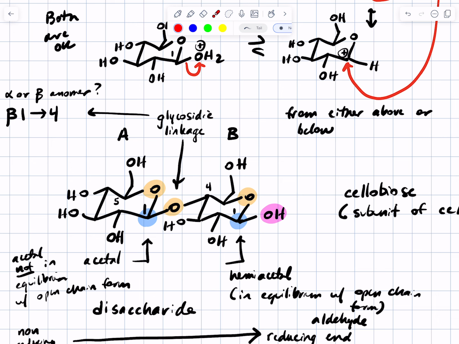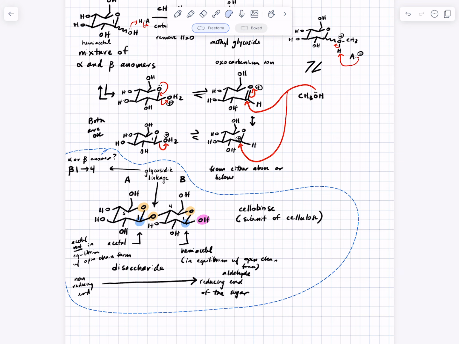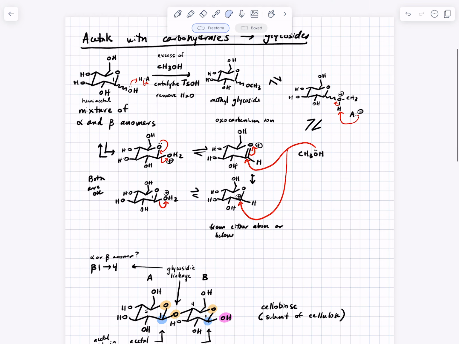Okay, one question you might be asking is glucose has a lot of OH groups, like a ton of OH groups. And here, when we were making the methyl glycoside, all we had was methanol as our nucleophile.